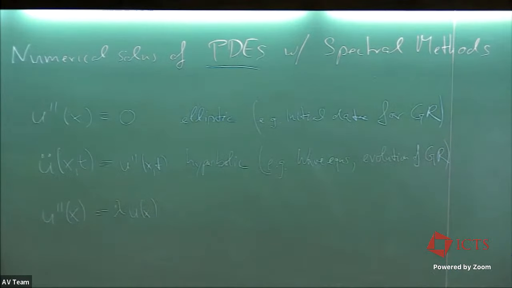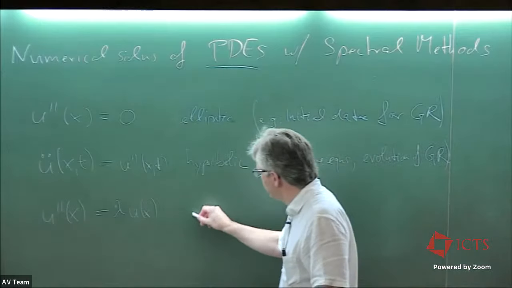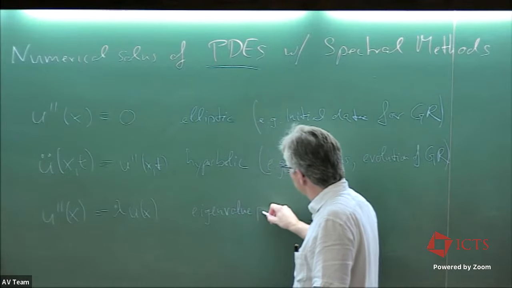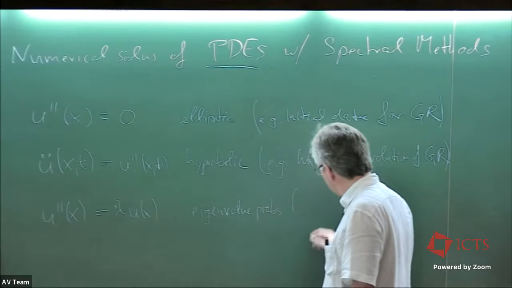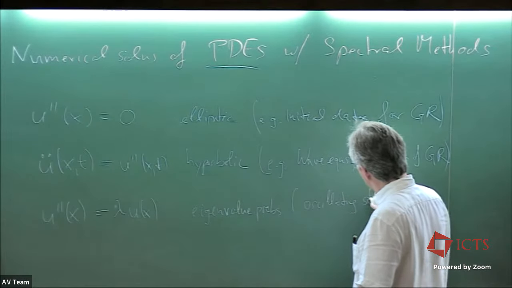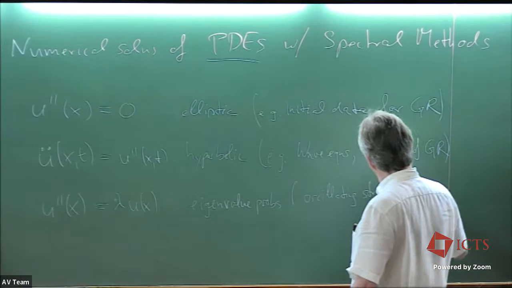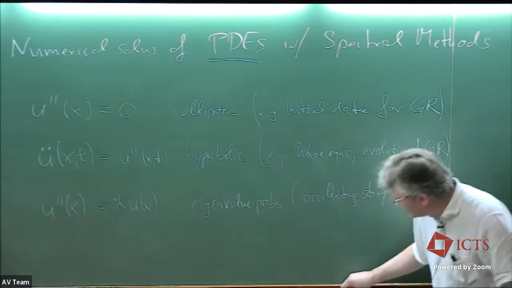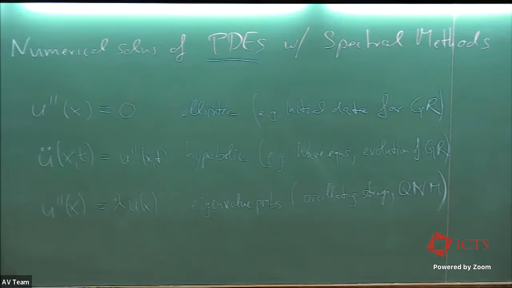Such eigenvalue problems occur, for instance, when you look for modes of oscillating strings or quasi-normal modes of black holes. Okay, so all these very diverse types of equations can be done with spectral methods.